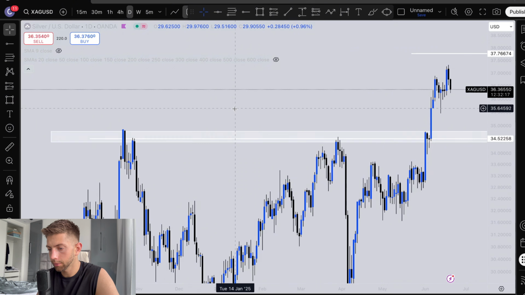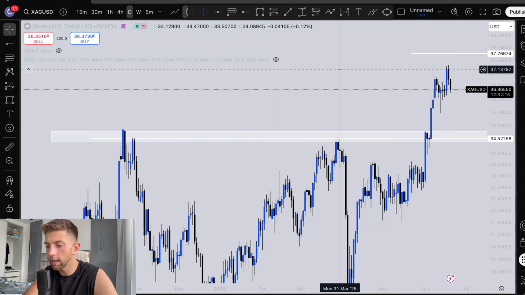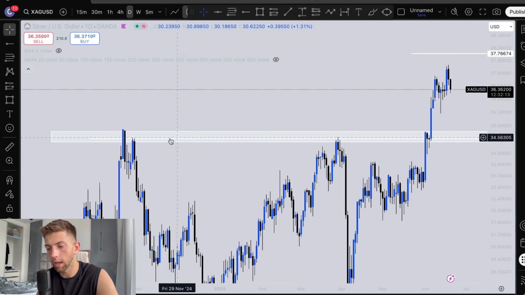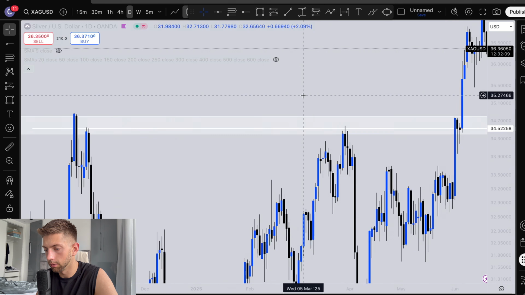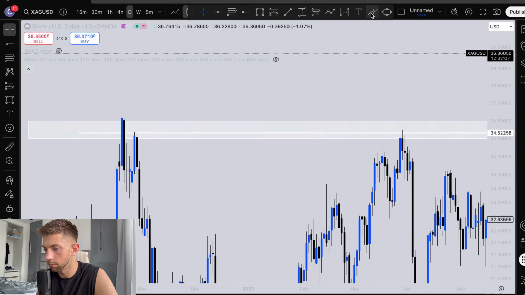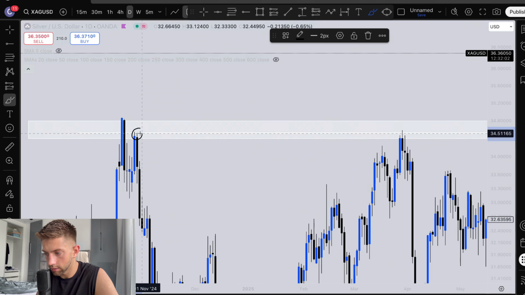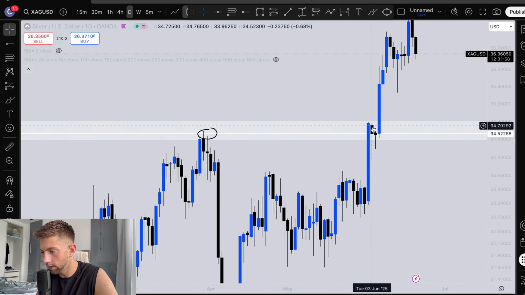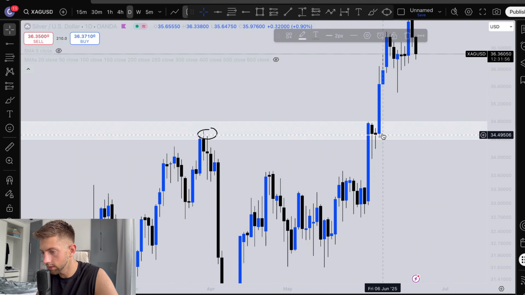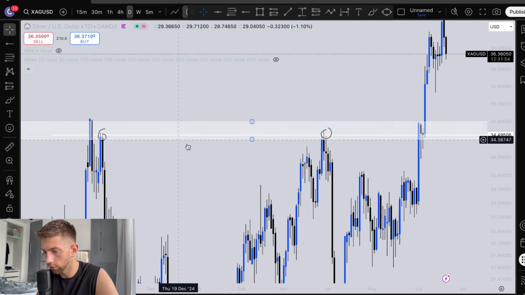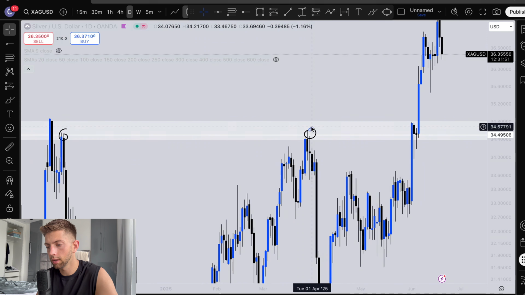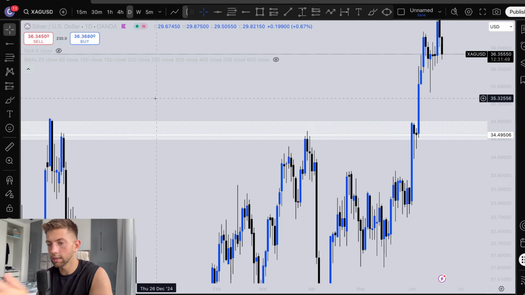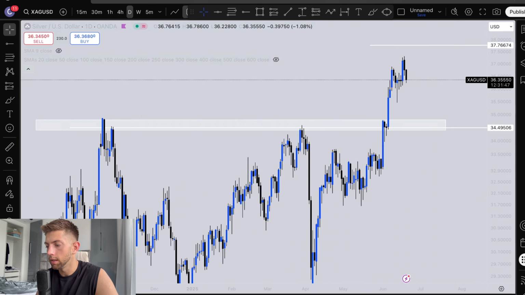By taking the average of every time price tapped this level and drawing a line here. So you can see this was a fake out, price tapped it here, and also broke it, retested, and tapped it here. So this is an average of this price, so you can be more precise like this, but this is a zone.